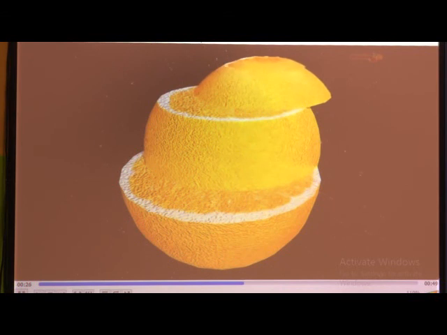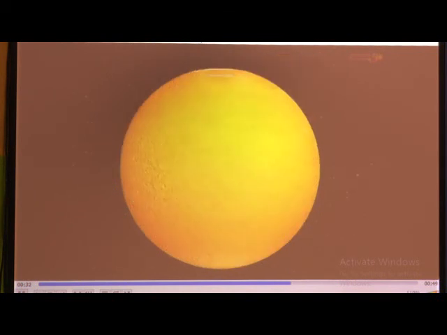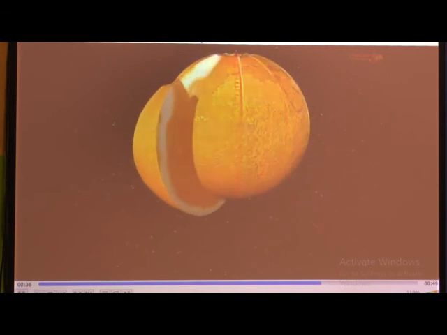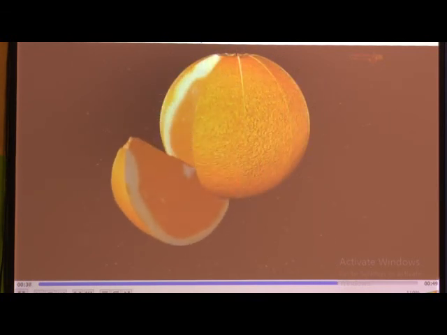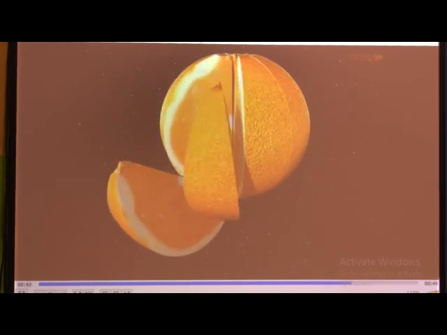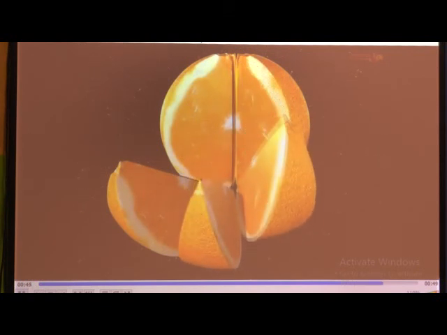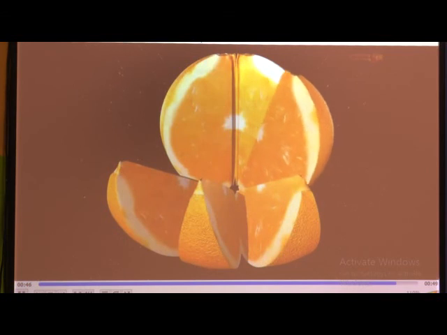Latitudes are the imaginary horizontal lines running around the earth. When the orange is cut into slices vertically, it shows the longitudes of the earth. Longitudes are the vertical imaginary lines running across the earth from pole to pole.